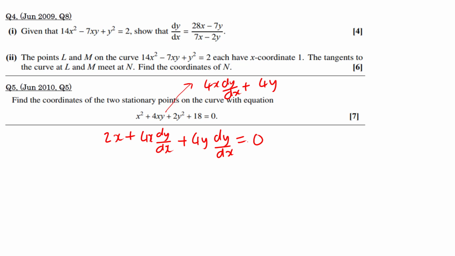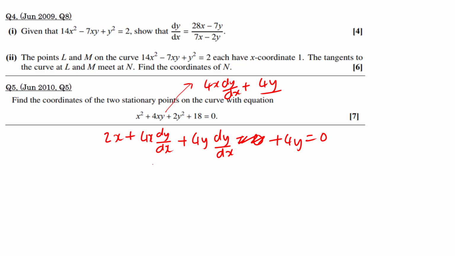This is what you got, right? Oh, and I missed out the 4y from here. Is this what you got, everybody? Okay, fine. That's it. So that is my bad.